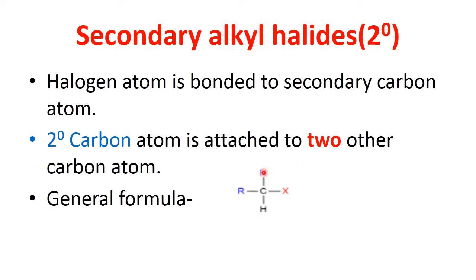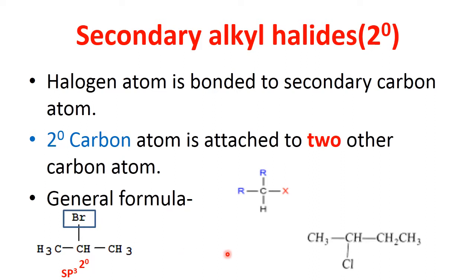In this case also these R groups are alkyl groups and X is a halogen atom. In the first example you can see this bromine as a halogen atom is bonded to a secondary carbon atom and that secondary carbon atom is further attached to two other carbon atoms and therefore it is an example of secondary alkyl halide. In this case this secondary carbon atom is bonded with other atoms with single bonds and therefore it undergoes sp3 hybridization.